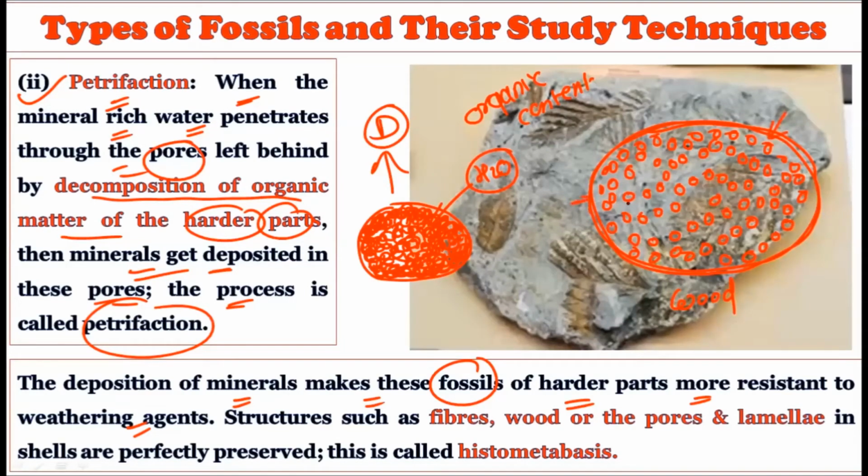And as you know, water contains natural minerals as well. So the minerals will get deposited into these pores. Over a period of time, the pores get filled due to the deposition from the water.